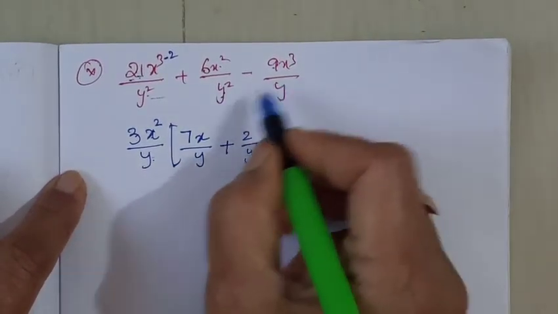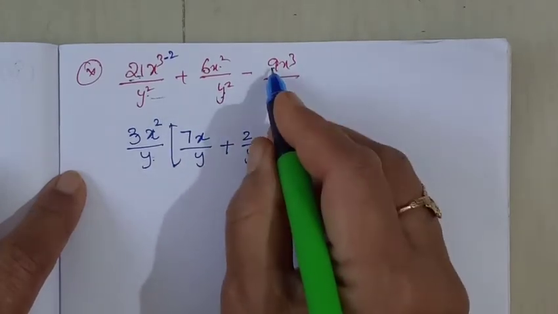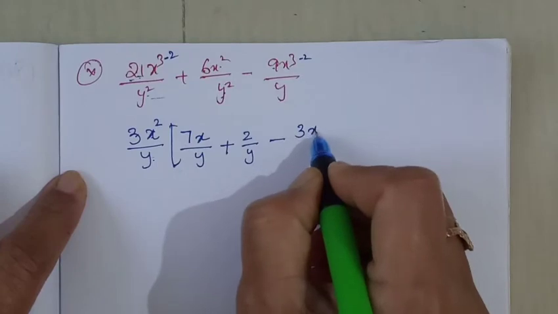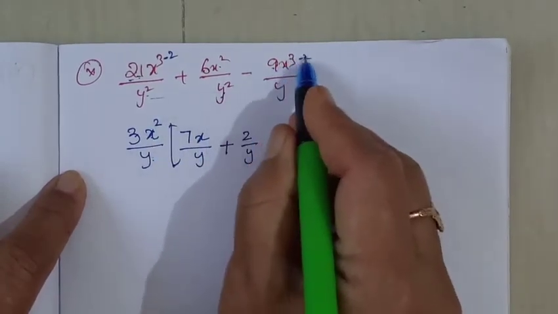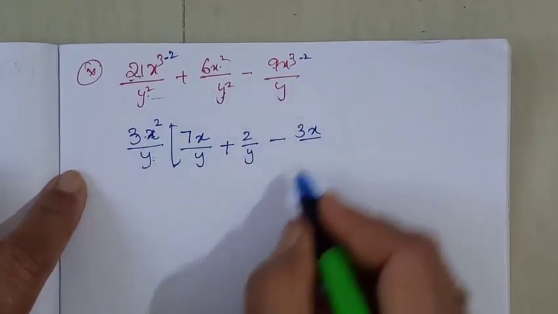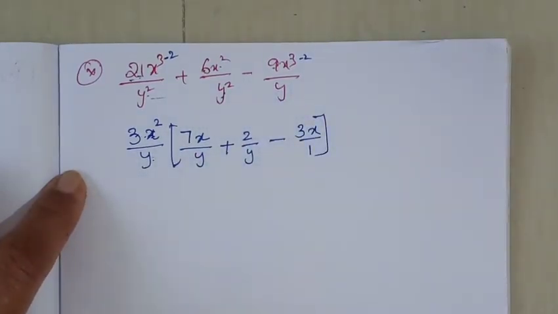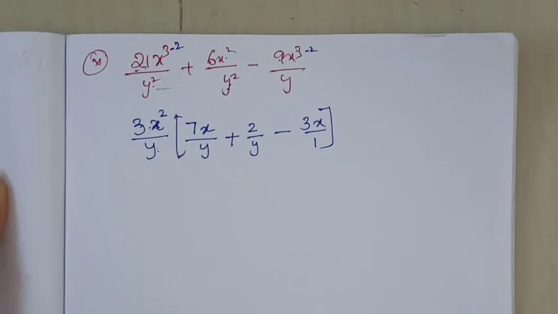Next minus 3 threes are 9. 3 minus 2 means only x will be left, x square we have taken common. So here y already taken common, so only 1. Okay, that's all the answer.